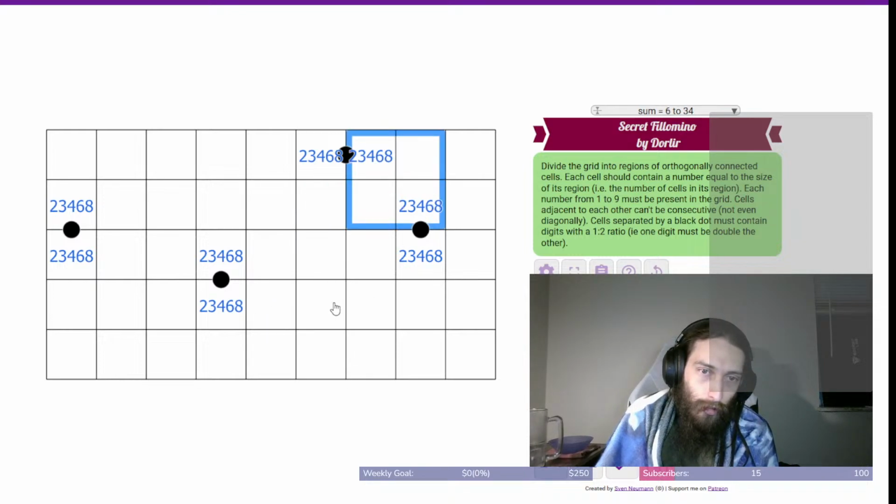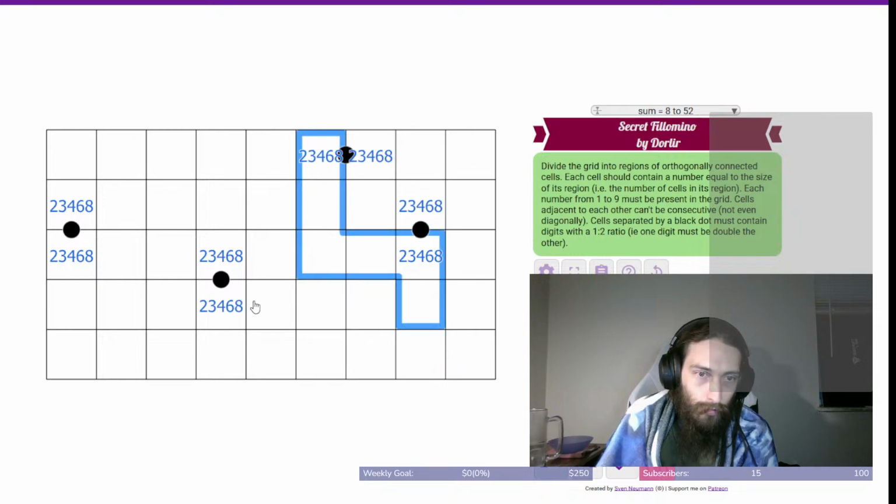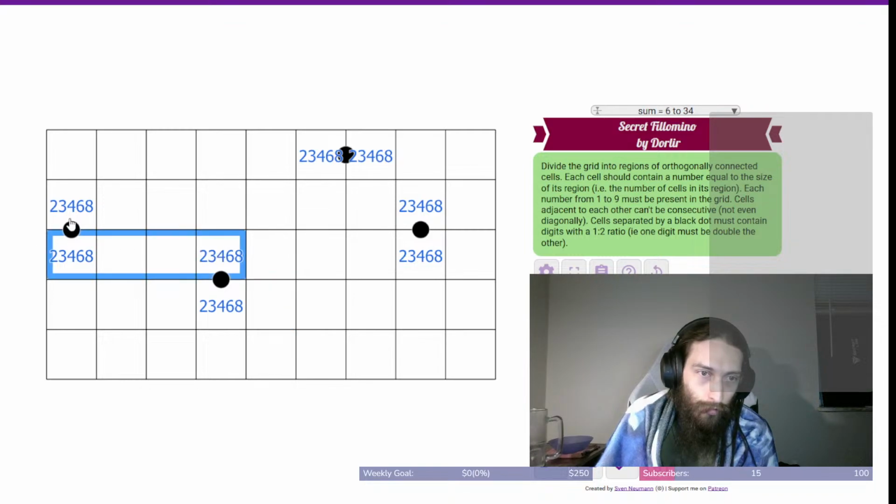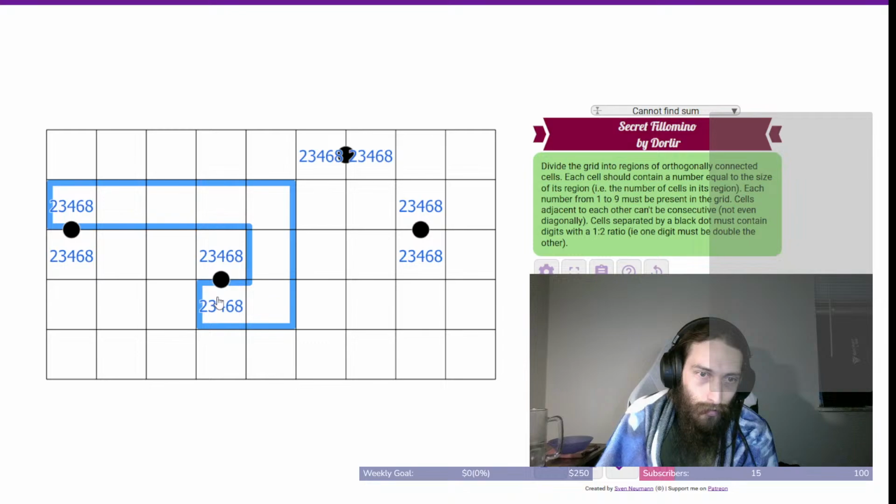4 could be duplicated like this, and then you make that a 2 and an 8 here. But 3 and 6 can be duplicated because the 3s can go together, and 6 wraps around.